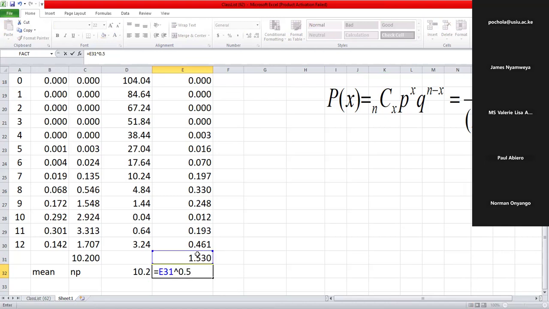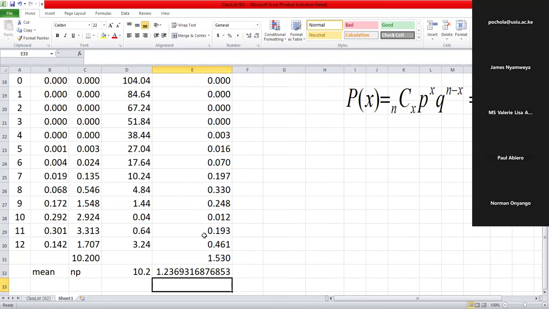So the square root there is 1.2. So you can get 10 successful surgeries plus or minus 1, because you cannot get 1.2 successful. It's 10 plus or minus 1, so between 10 and 11. This is the standard deviation.